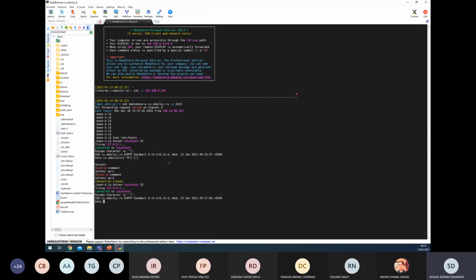If you want to see what a mail server is doing when you send some email, it does this: hello cs.ubbcluj.ro. This is the first thing you do. Then mail from, let's say, daddy@cs.ubbcluj.ro. Okay, it says okay, RCPT TO recipient, whatever you can.